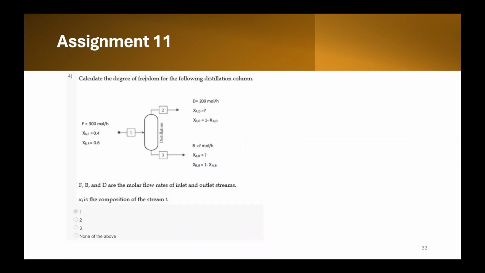Next, calculate the degree of freedom for the following distillation column. The number of degrees of freedom, NDF, is equal to the number of unknowns minus the number of independent equations minus the number of auxiliary relations, for a system without reaction, and in a distillation column no reaction is taking place. The number of unknowns, from here you can see, 1, 2, 3, 4, 5, 6.